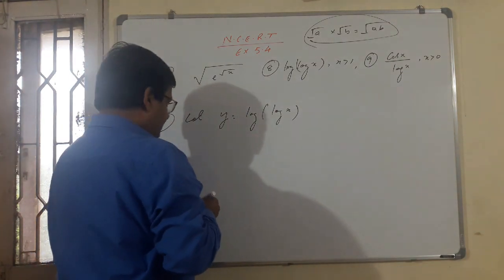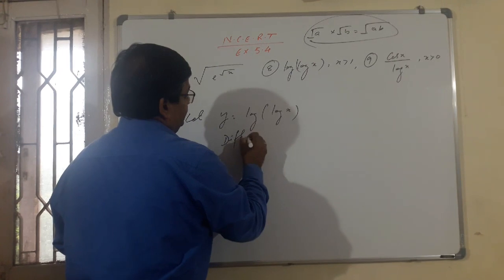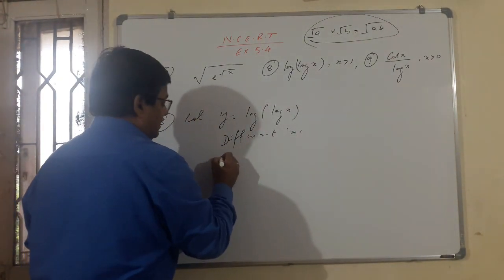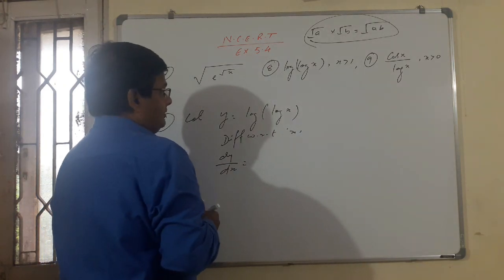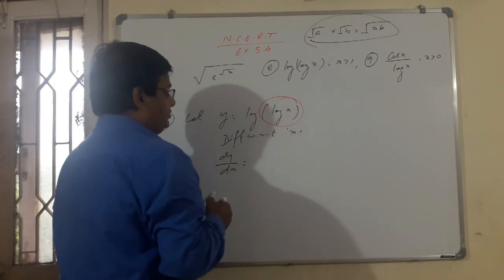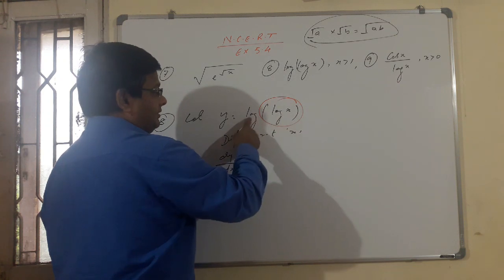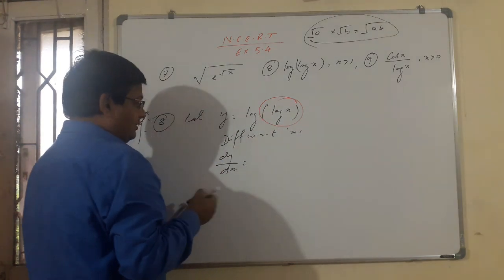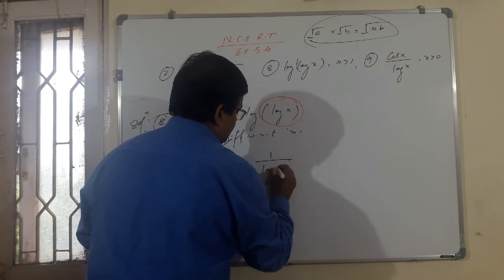So differentiating with respect to x, dy by dx is equal to, suppose this one is z, so differentiation of log z is 1 by z.